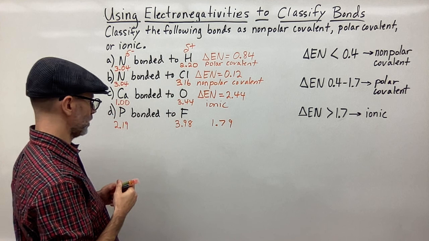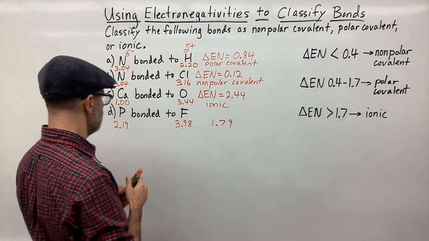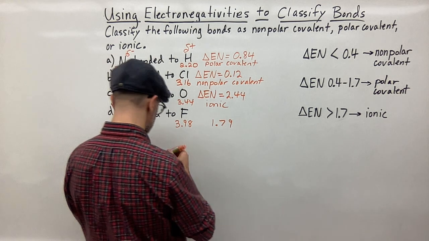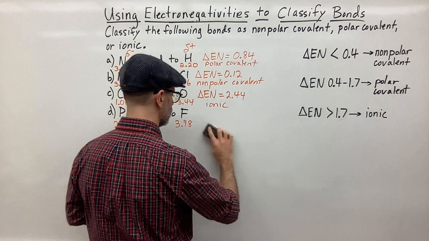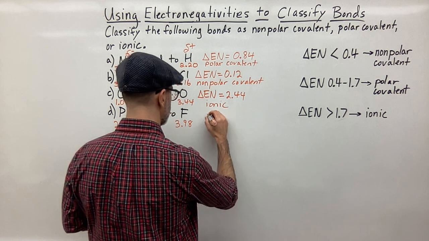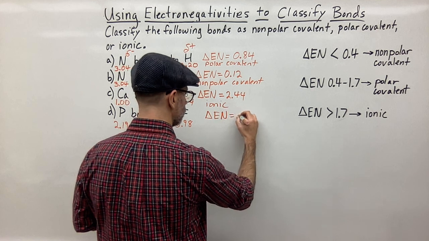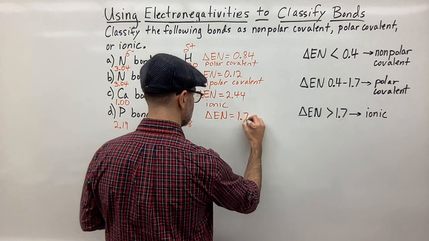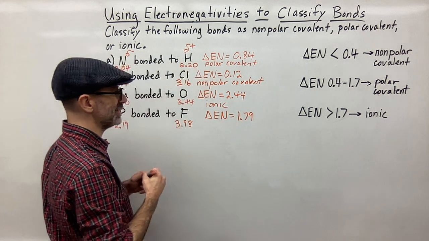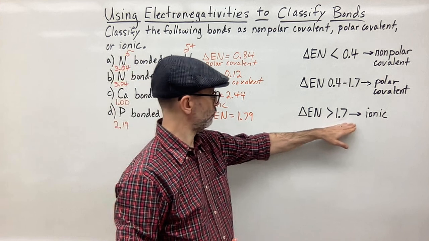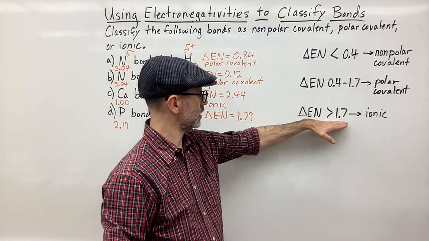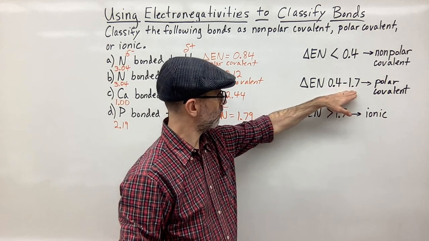Let me double check that. Yep. So the electronegativity difference is equal to 1.79. So you can see that it's a little bit above the electronegativity threshold of the polar covalent.